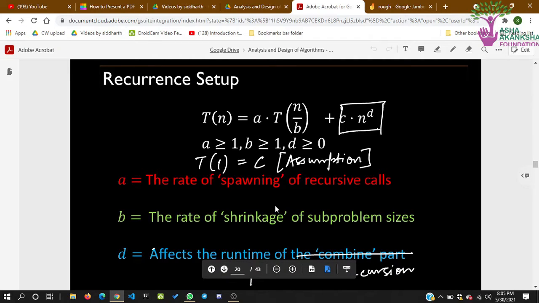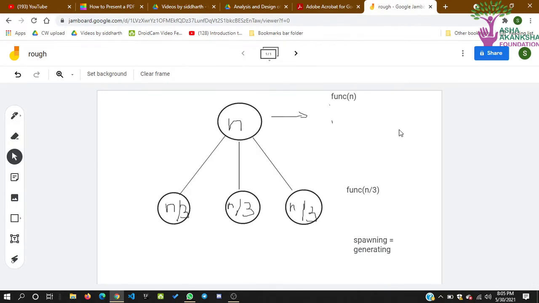Now b is called the rate of shrinkage of subproblem sizes. That is, the size of the subproblem is being reduced by a factor of 1/3. When we go down the tree of these recursive calls, in each case the main problem size is being reduced by a factor of 3.